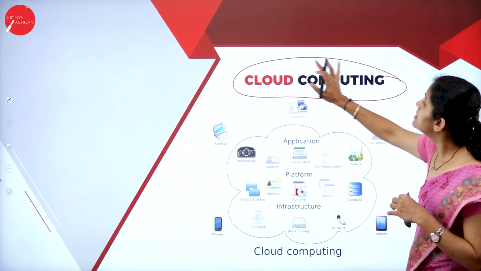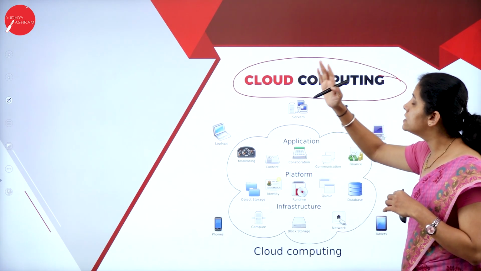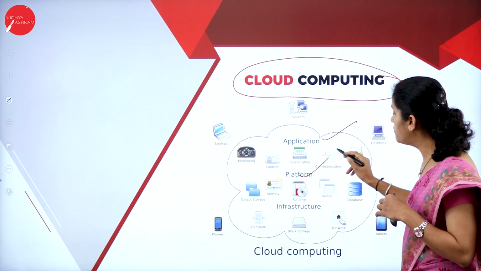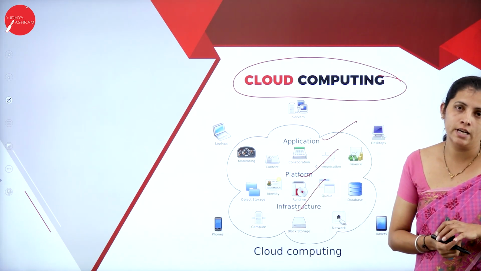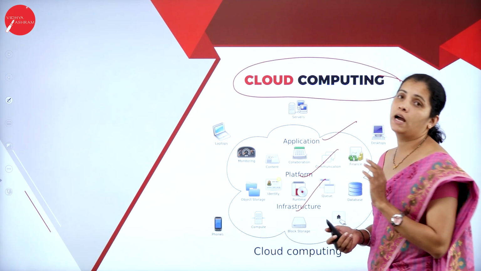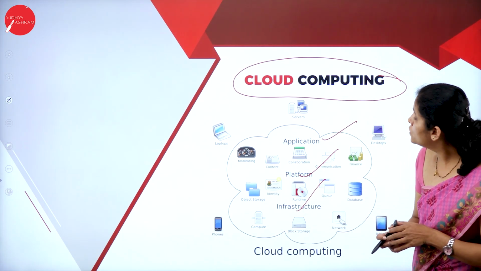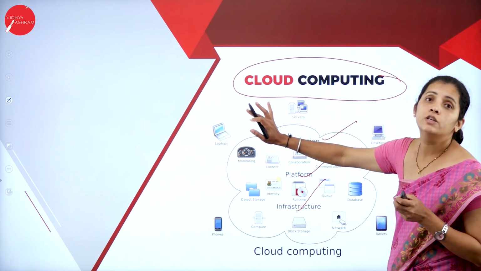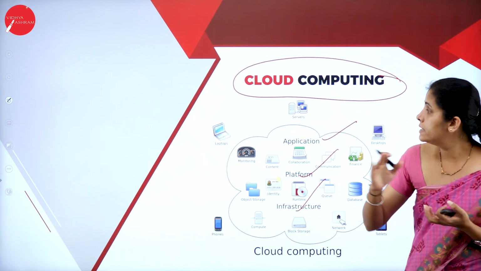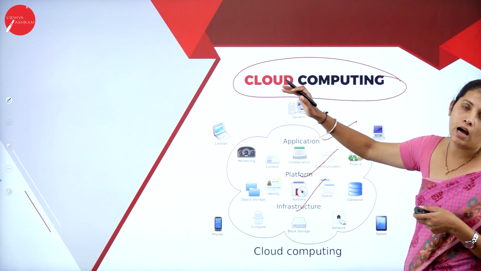Now consider the example here. When I say it is cloud computing, then I'm going to have application, platform and infrastructure. That means I'm going to deploy all the applications, platforms and infrastructure in one remote server so that other users can very easily and very fast access all the data which is stored in the cloud.